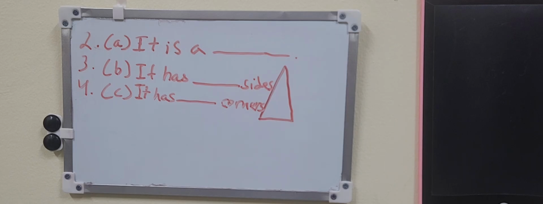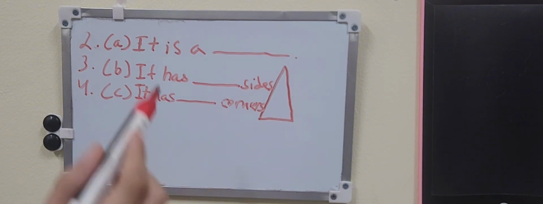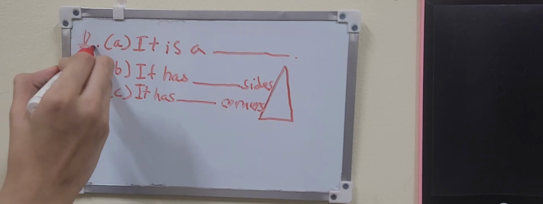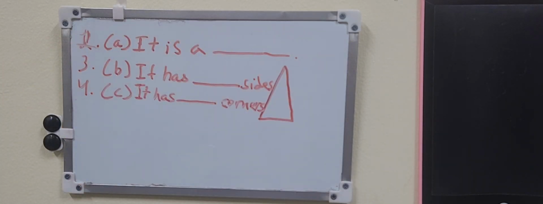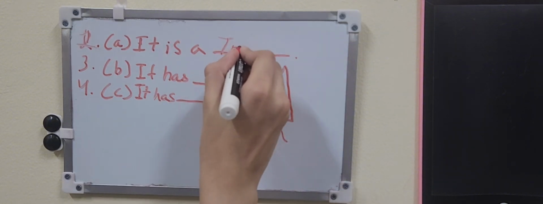And right now we're only going to solve this one, and then we're going to be moving on to the next shapes. So over here we have question number 1. Sorry, I wrote 2. Question number 1. A. It is a. So over here we can see this is clearly a triangle.